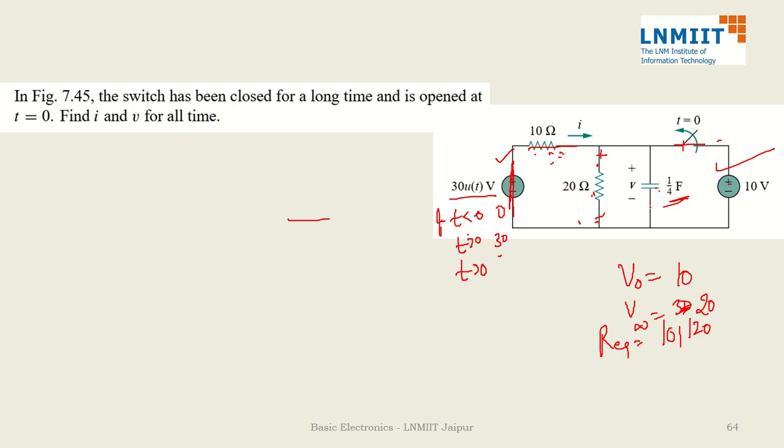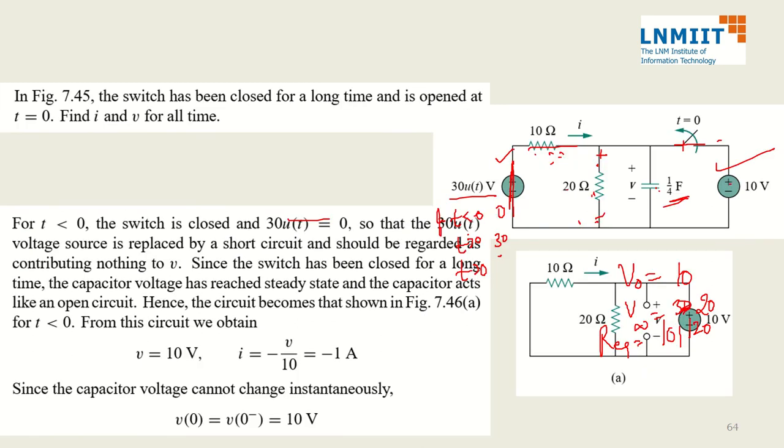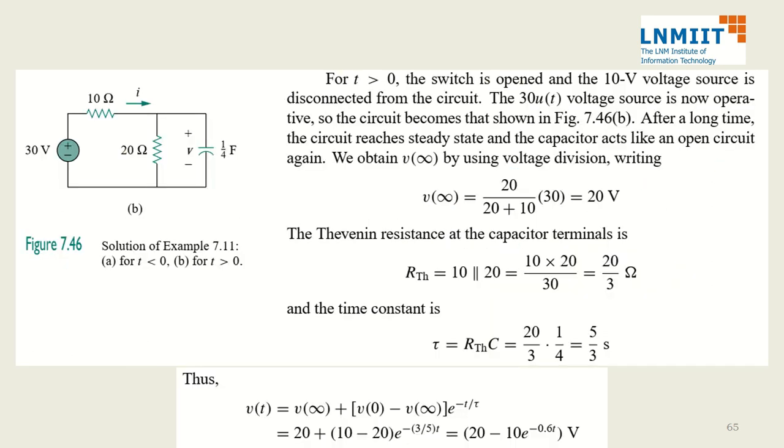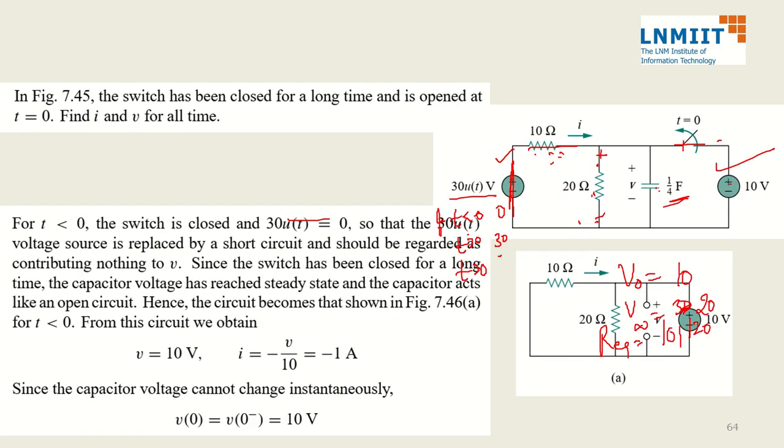So this is how you are going to analyze an RC circuit with step response. R equivalent, tau, V infinity, V initial, all of them we got, and we can solve it. After that, if we ask any other quantity in the circuit, let us say we are asking what is this I. This I is 30 minus Vt divided by 10.